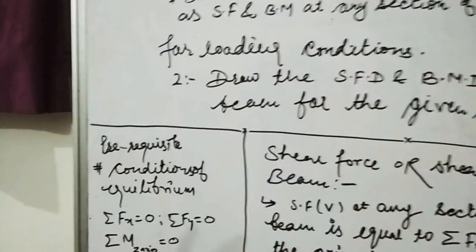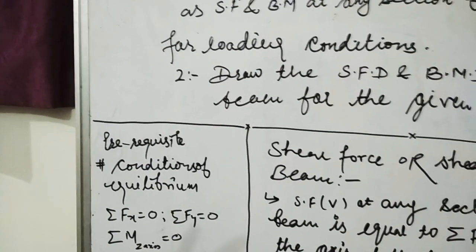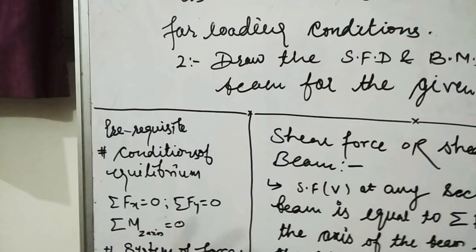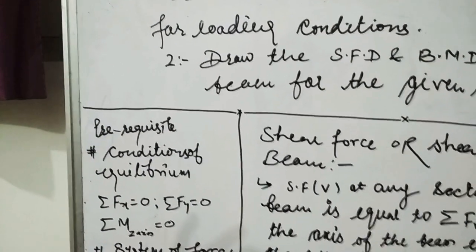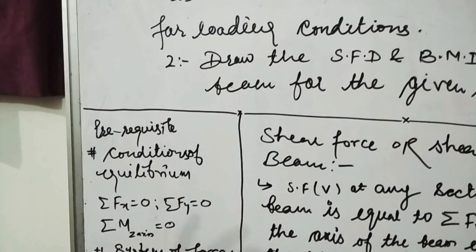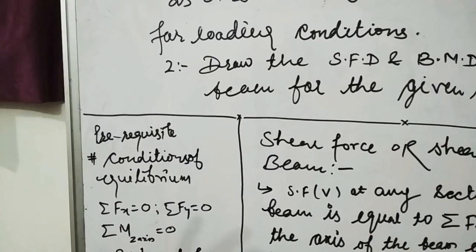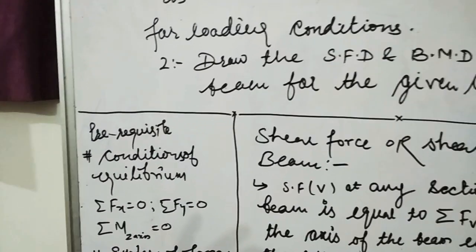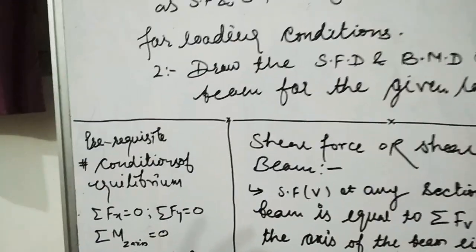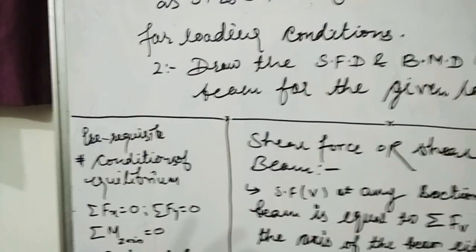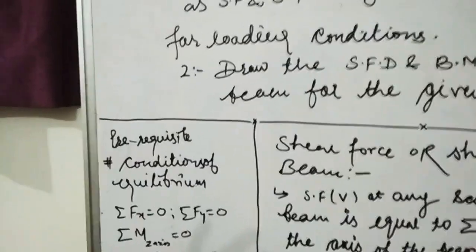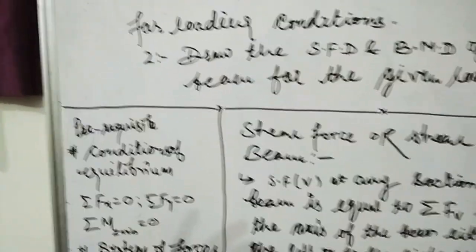This one is the condition of equilibrium for coplanar non-concurrent force system. That is, summation of forces in x equal to 0. The summation of forces in y is equal to 0, that is, the summation of all the vertical forces should be 0. And third is the summation of moment about any point or about z-axis equal to 0.